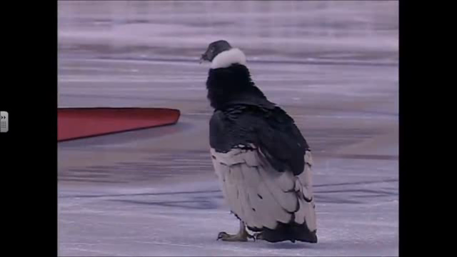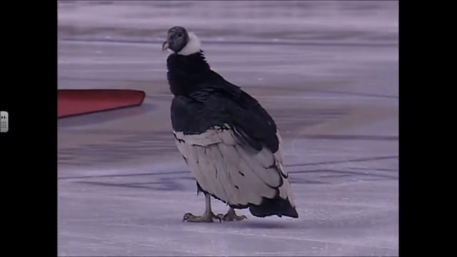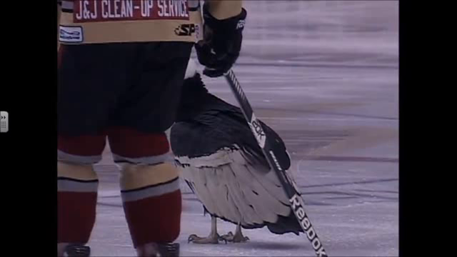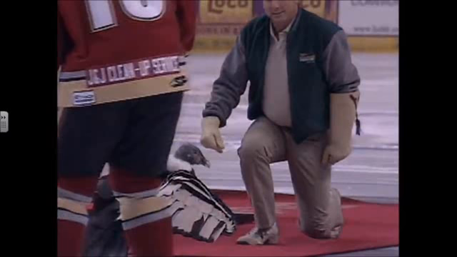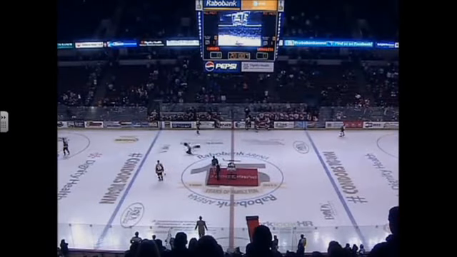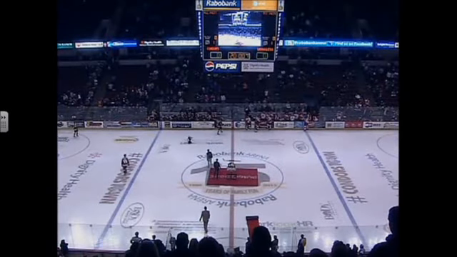Inside Bravo Bank Arena, the Condors and the Regulars are meeting for the seventh time on the season. We're laughing, but we shouldn't be laughing. The Condor is out running around in center ice. I love it. This is Condors town. The bird's going over to the Condors.